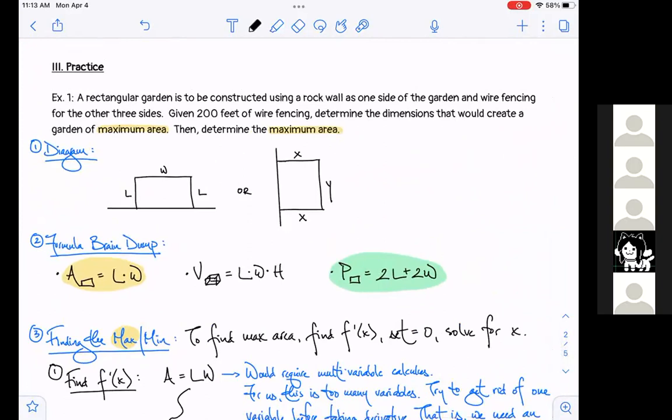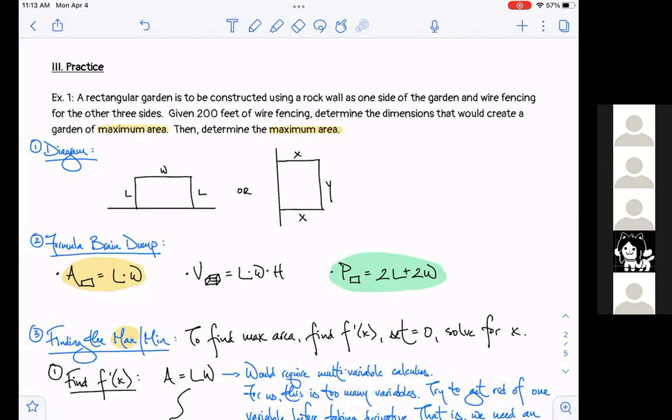So it says, determine the dimensions that would create a garden of maximum area. What do they mean when they say dimensions? Like I found the length, isn't that enough? No, we need the width as well, okay? And that is exactly right.